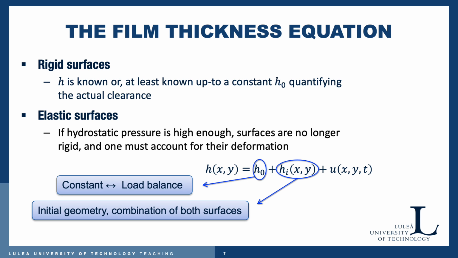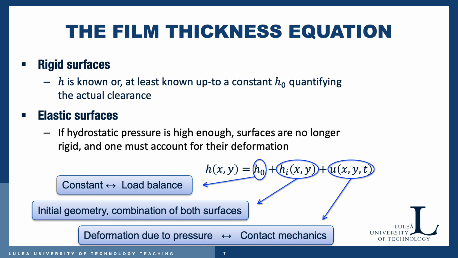It's the gap between the surfaces. And then the last bit is deformation due to pressure, which we may for some particular problems approximate with the Boussinesq type of deformation pressure relationship that we have been exploring quite a lot before.